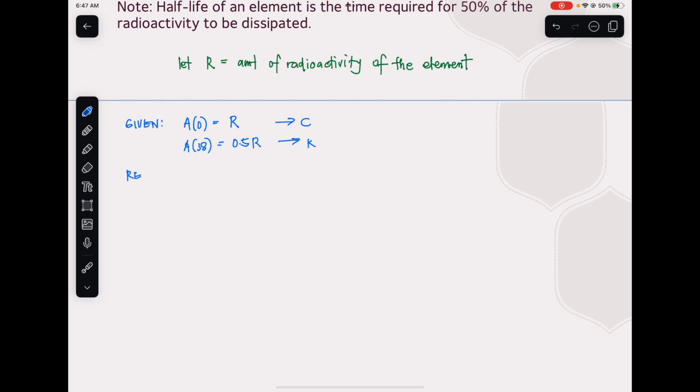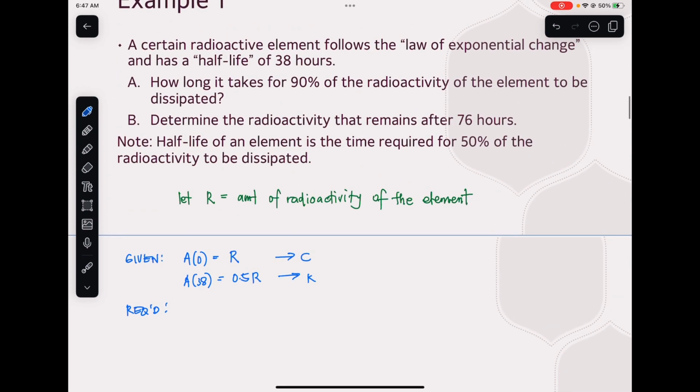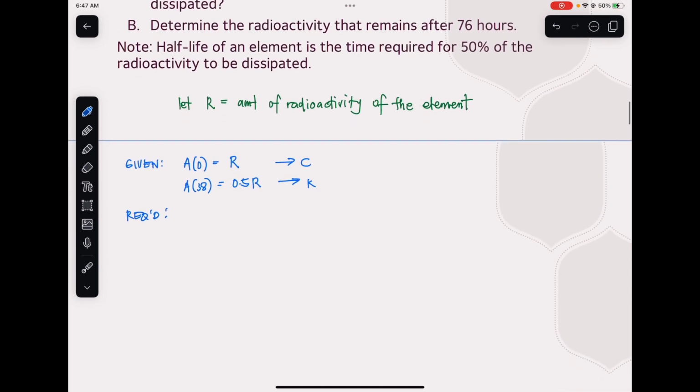For our requirements, the first asks how long it takes for 90% of the radioactive element to dissipate. Take note here that in the formula A = Ce^(kt), A corresponds to the amount that remains. We are not concerned with the amount that dissipated, but rather the amount that remains.